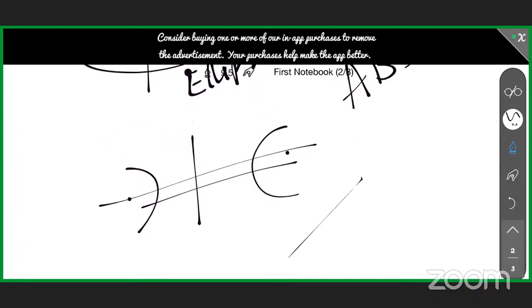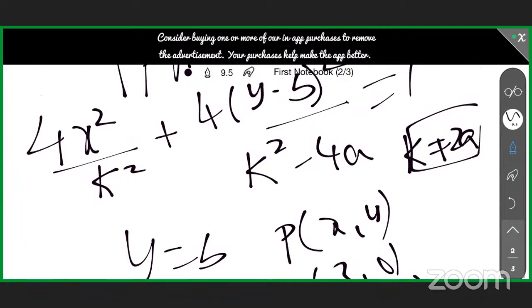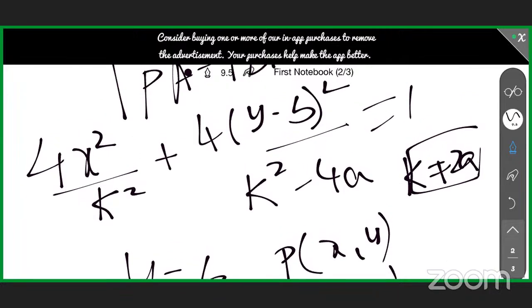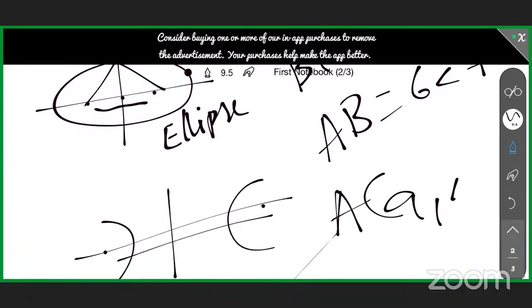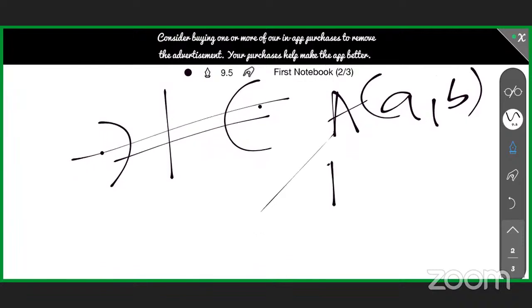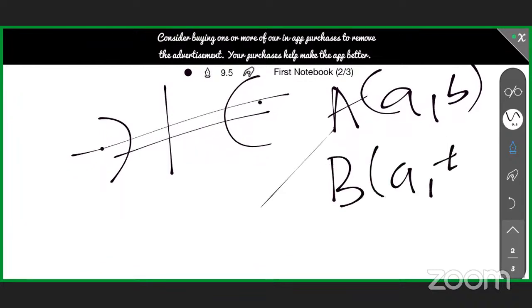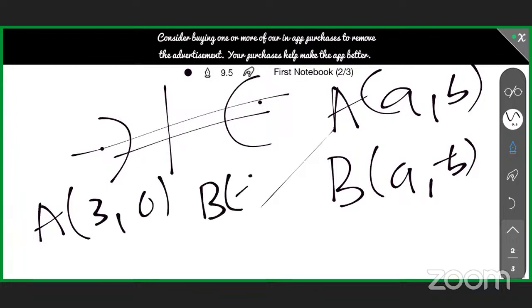So what is the formula I told you? See, I told you one formula here. You should know what is the A and what is the B value. The coordinates of A are A comma B, and the coordinates of B are A comma minus B. That means I now got A as 3 comma 0 and B as minus 3 comma 0.